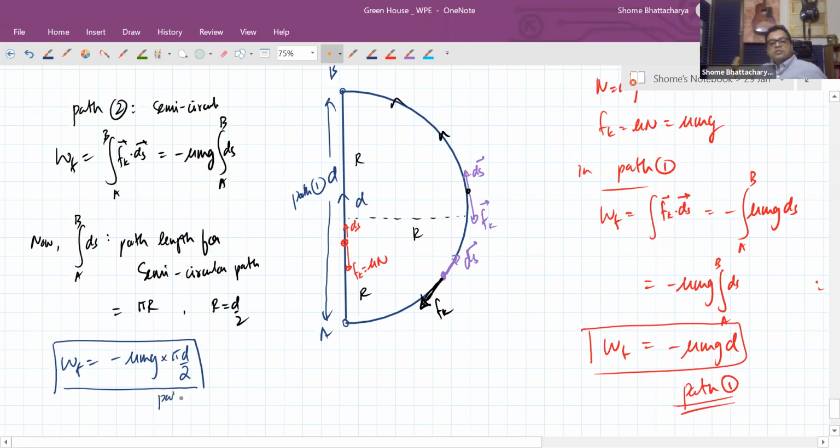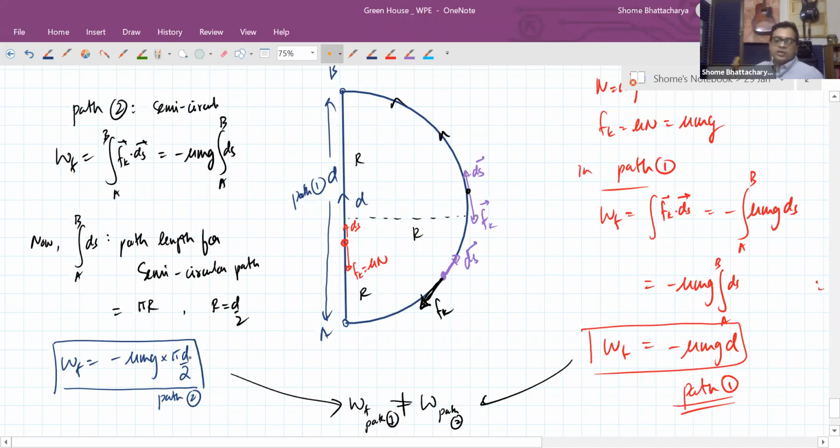So this is path 2. So now you can see that work done in path 1 is not equal to work done in path 2. Okay. Because work done in path 1 is minus mu mg d, and second path is minus mu mg d into pi by 2.